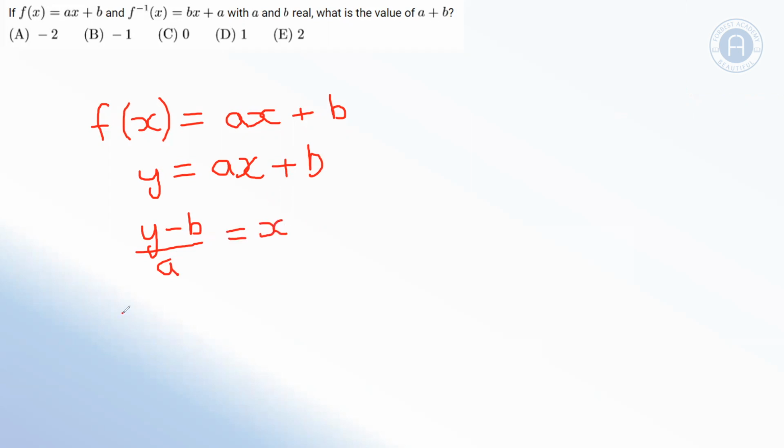And we can then write our inverse function as this function we've just created over here. So instead of y, we'd use x again. So we'd have x over a minus b over a.